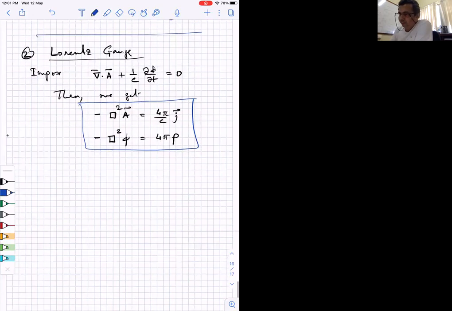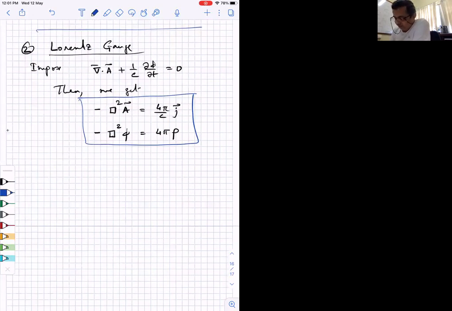Now over here also, if I do this, I take the D'Alembertian of the divergence of A plus 1 by C del phi del t.